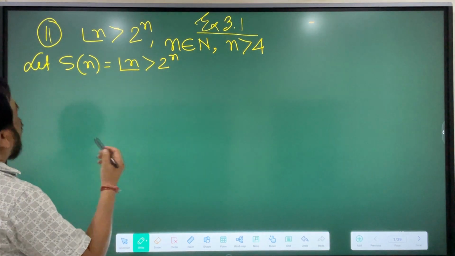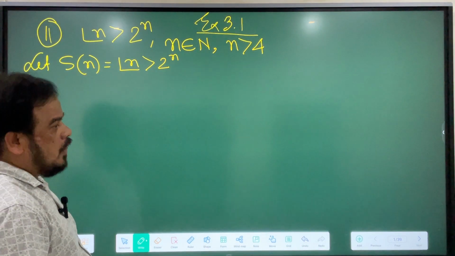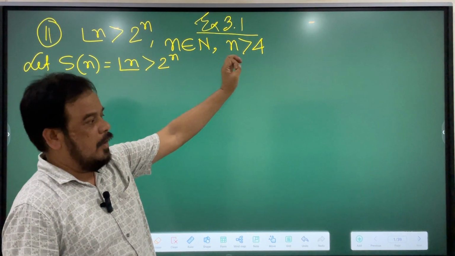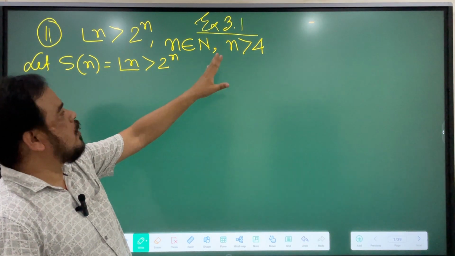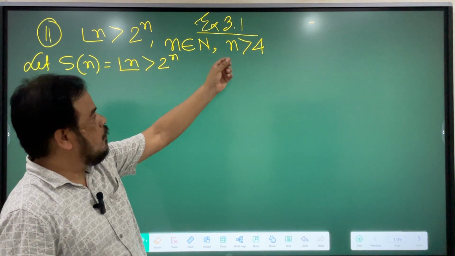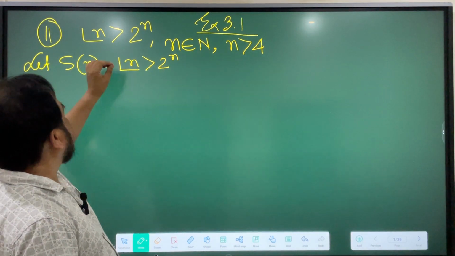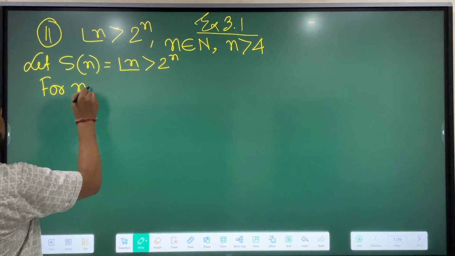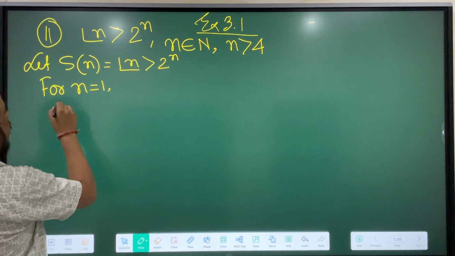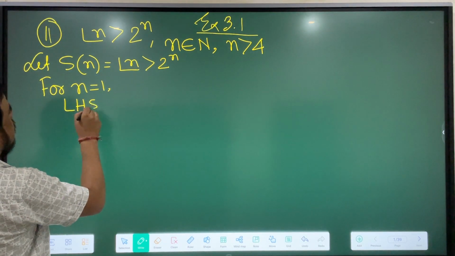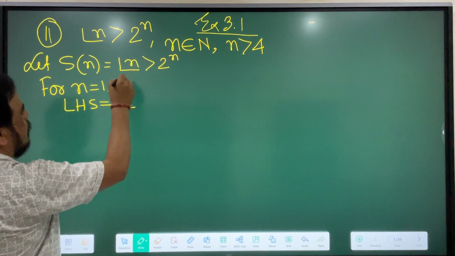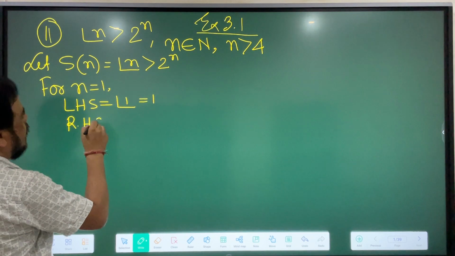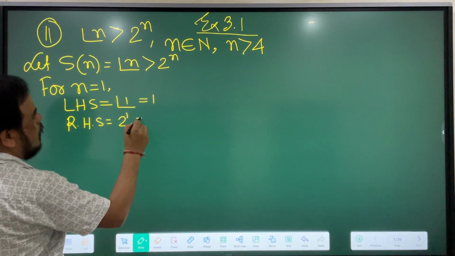Now, as all the sums were done by the same process, here also we will do the same process, but we know that n is given greater than 4. So we will try for 1, 2, 3 like that. We will try till 4, but that will not be true, we know that, but still we will do it for n equals 1. For n equals 1, LHS is factorial 1, which equals 1 only, and right hand side is 2 to the power 1, that is 2.